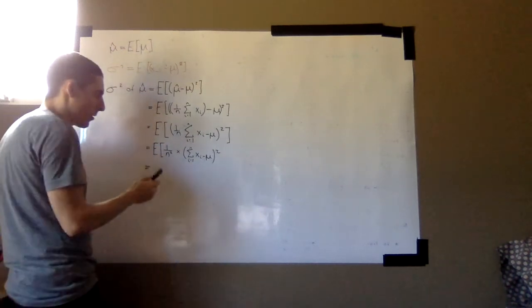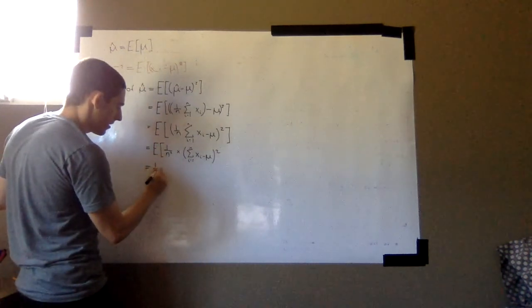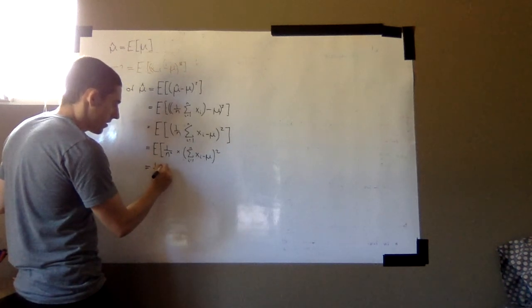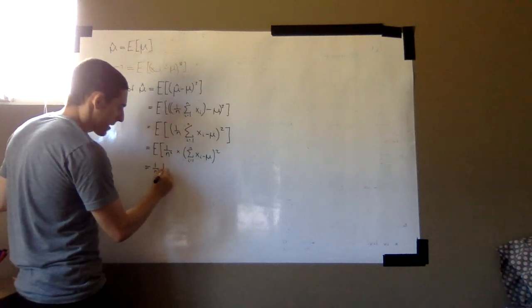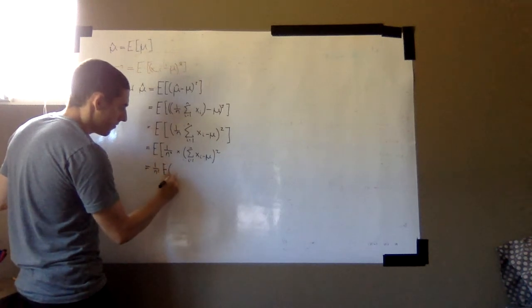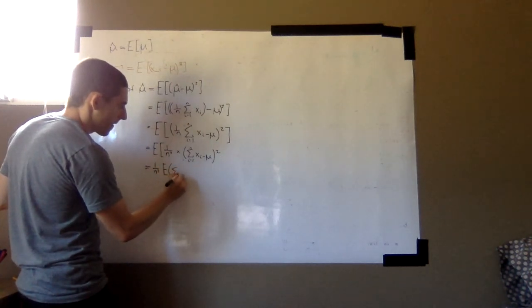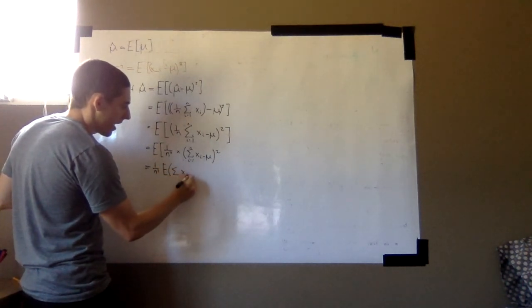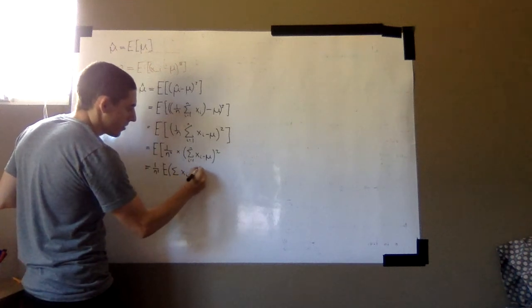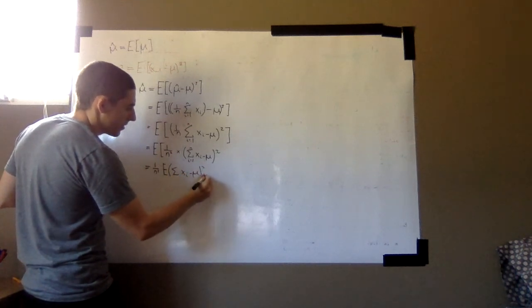We can pull out 1 over n squared. And so now we have 1 over n squared times the expected value of the sum of xi minus mu, squared.